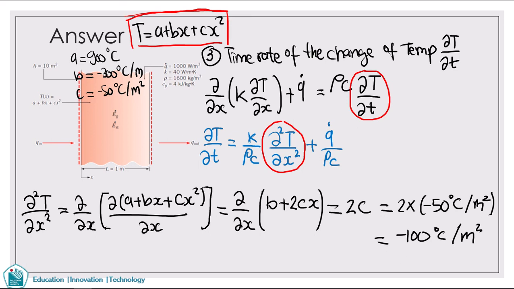Okay, this is not the end of the question, still not finished. We still need to find partial T over partial t.